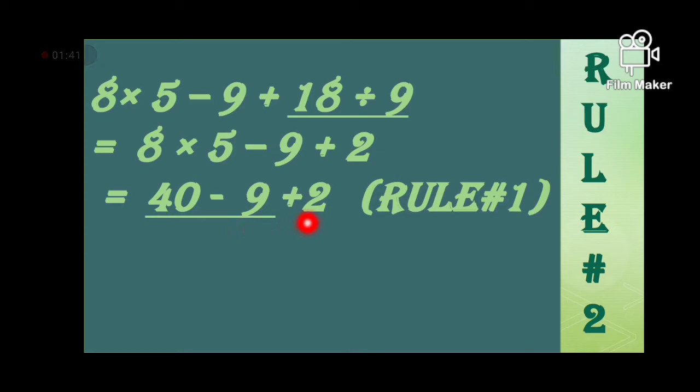Now we will use rule number 1 in this step. Rule number 1 says 40 minus 9, means we have to solve the sum in sequence. So first we will subtract, then we will add. 40 minus 9 is equal to 31, and 31 plus 2 is equal to 33. So we solved this sum with rule number 2 and rule number 1 both.